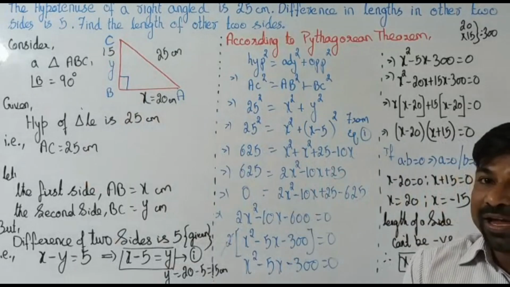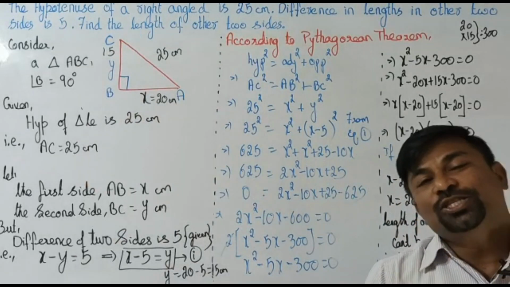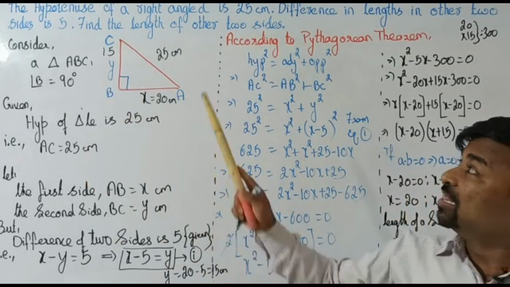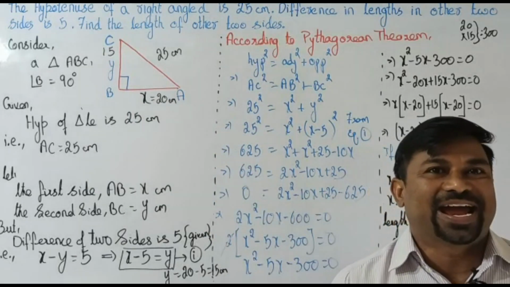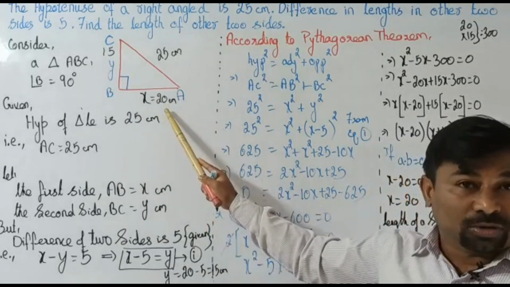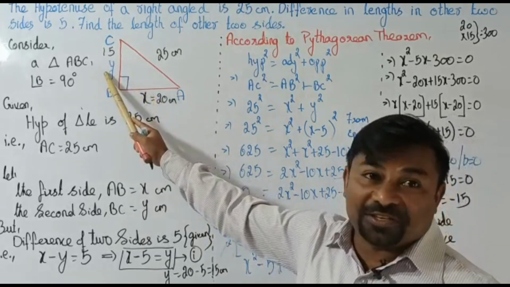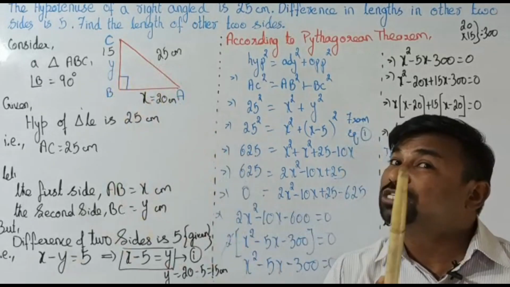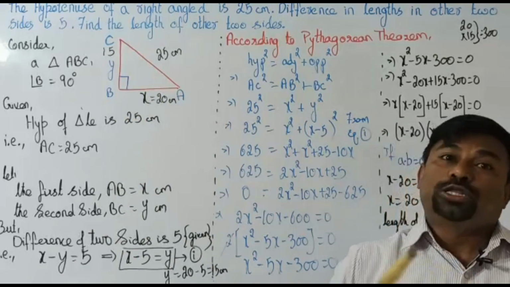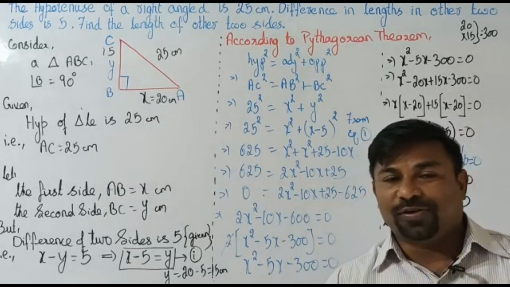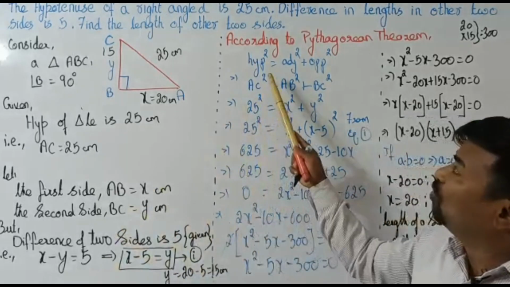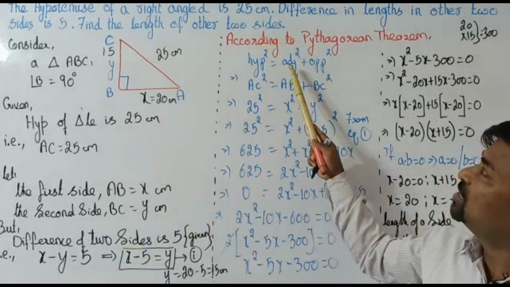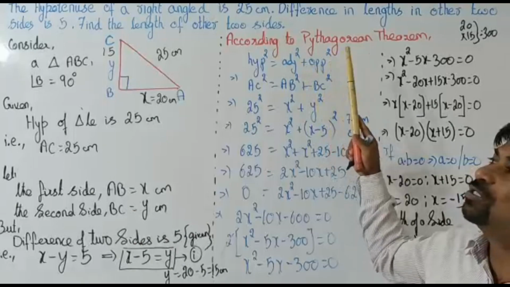Now we have two things to verify here. First point, do we get the hypotenuse as the lengthiest side? We got x is equal to 20 and the other one is 15, so the hypotenuse is still the longest side. That is the first verification. For the second verification, hypotenuse squared is equal to adjacent squared plus opposite squared.